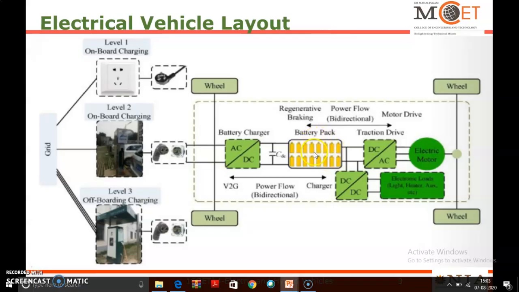After the battery has been charged and its storage capacity is full, now this is a power electronic inverter system, and this is an AC type induction motor. The power electronic inverter system converts the DC supply from the battery into a conditioned and controlled AC supply, which is fed to the electric motor.